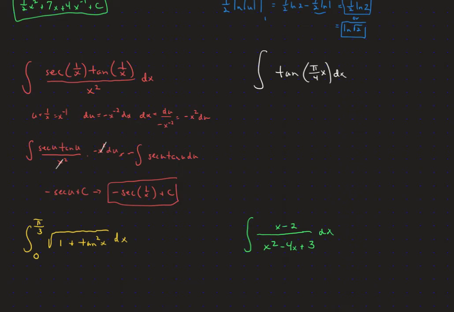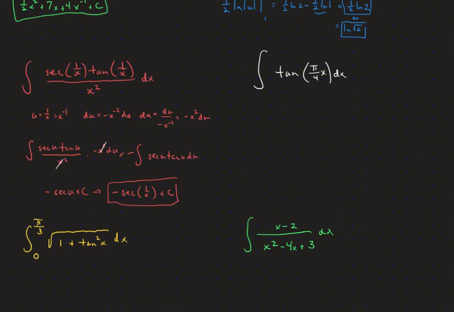The next one, the inside function, we're going to actually do a double substitution here. So first, let's call that maybe u equals pi over 4x. Let's do it this way.